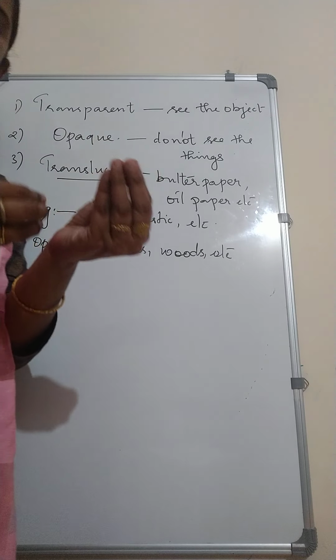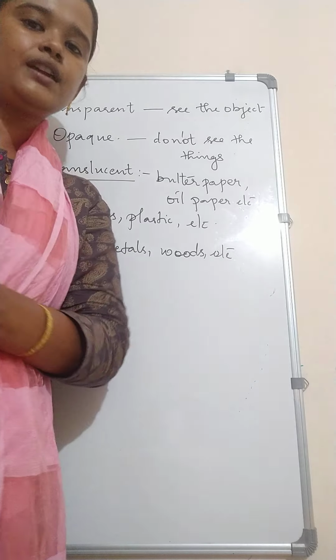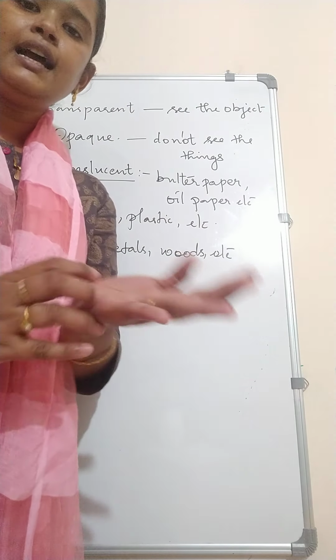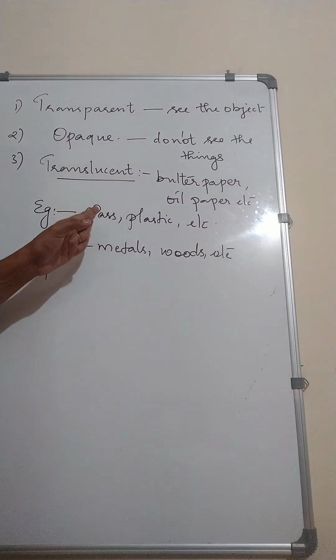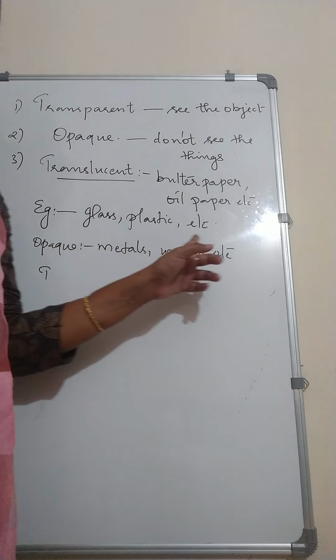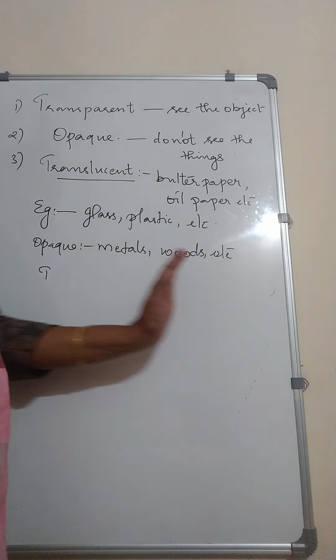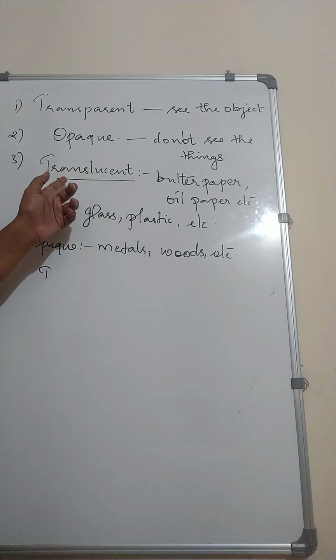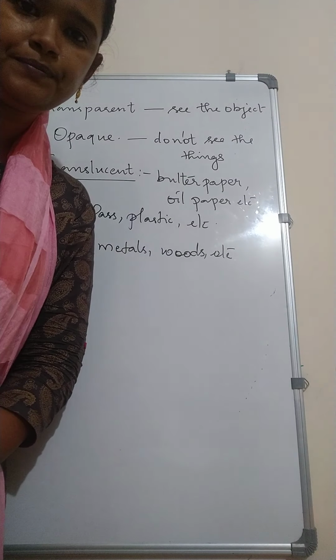Translucent means only a little, only some we can see through it. Half we can see, half we cannot see. Like that, materials are called translucent. Examples for transparent materials are glass, plastic, etc. Examples for opaque materials are metal, wood, etc. Examples for translucent are butter paper, oil paper, etc.